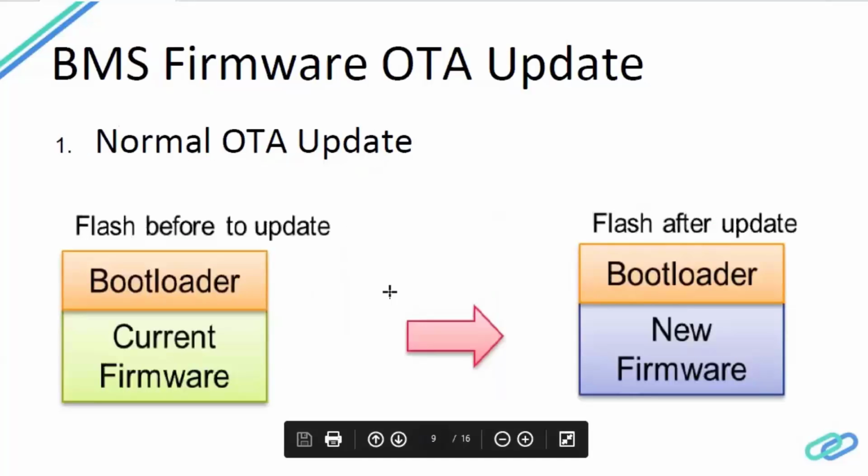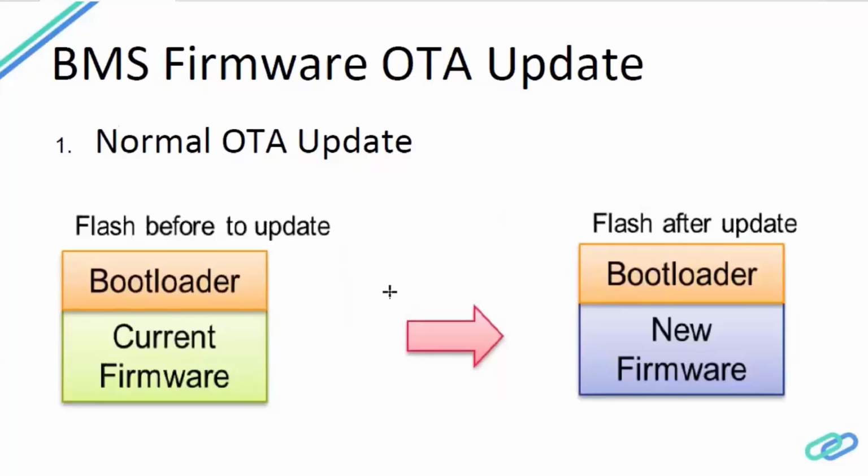In a normal OTA update, while you are updating the current firmware with the new firmware, you can't use your device, you can't use your electric vehicle, because you are overwriting the current firmware. In the same manner, when your mobile phone is updating, you can't use it, and you have to wait 10 to 15 minutes.